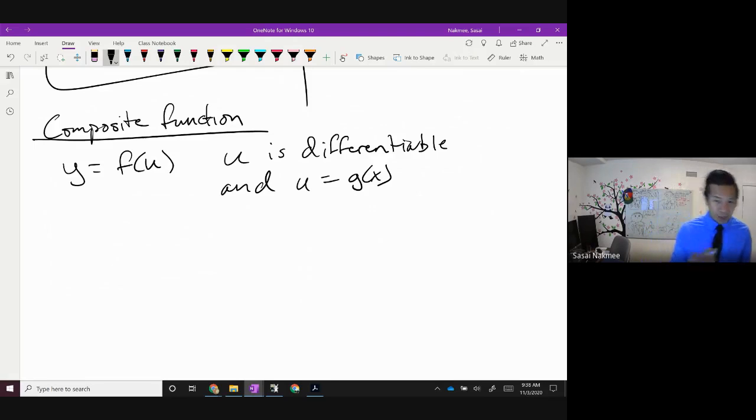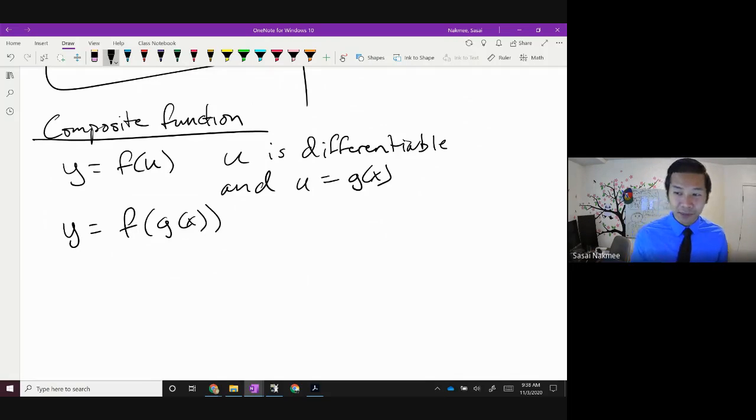And you've seen this before. That just means basically that the y function can be written as f of g of x, meaning you have a function inside another function. That's all it is. There's one function placed inside of another function.